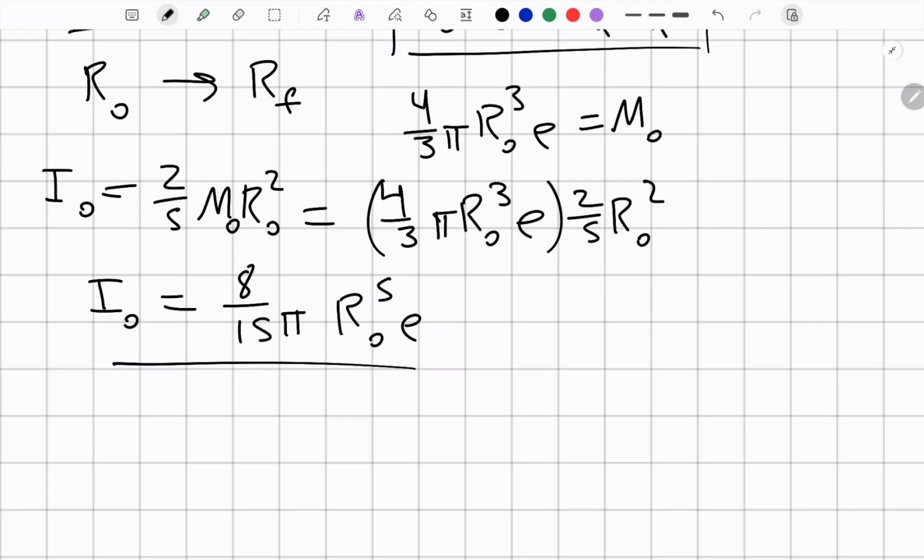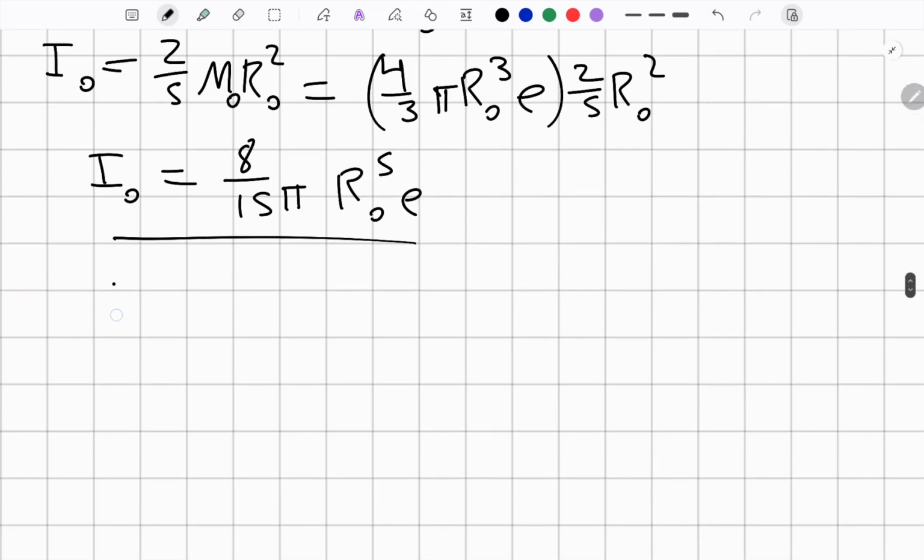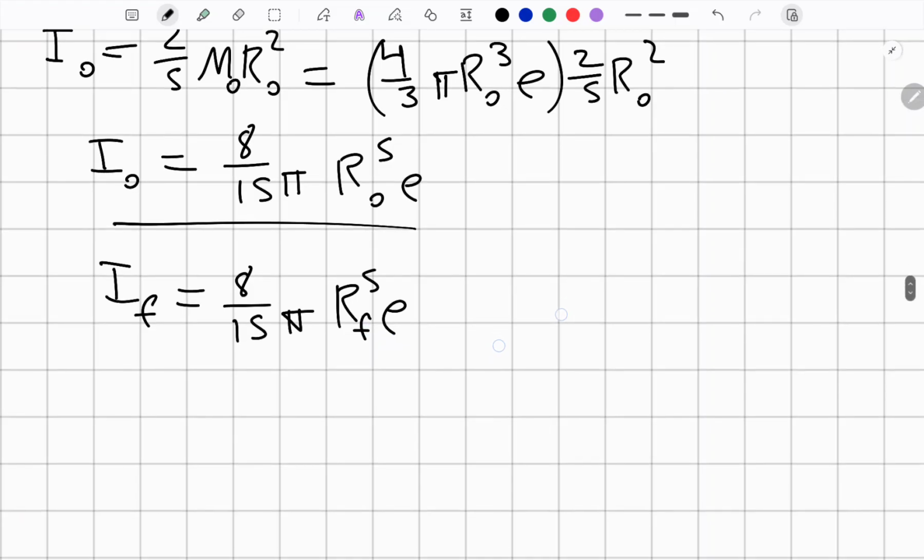That's our initial moment of inertia. For our final moment of inertia, we're going to end up with a similar calculation here, the only difference being that we end up with the r final raised to that 5th power.